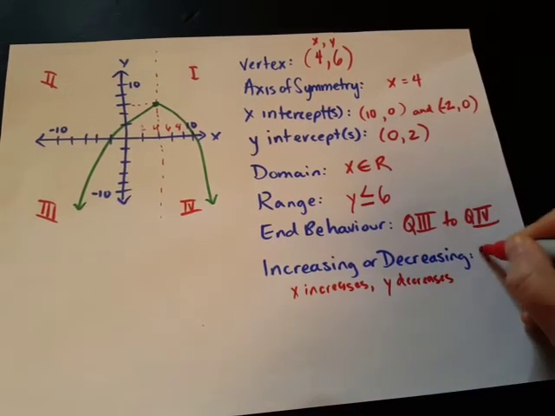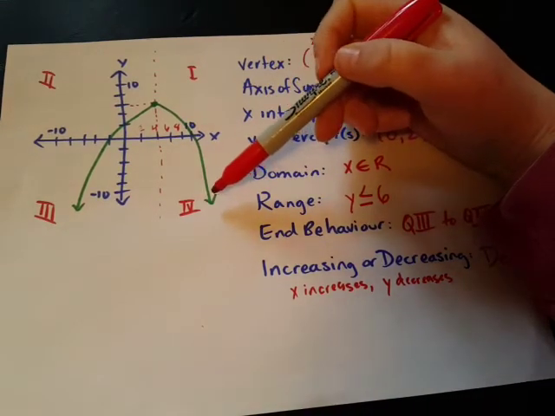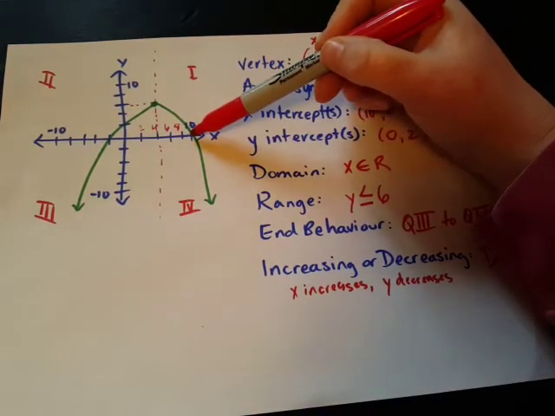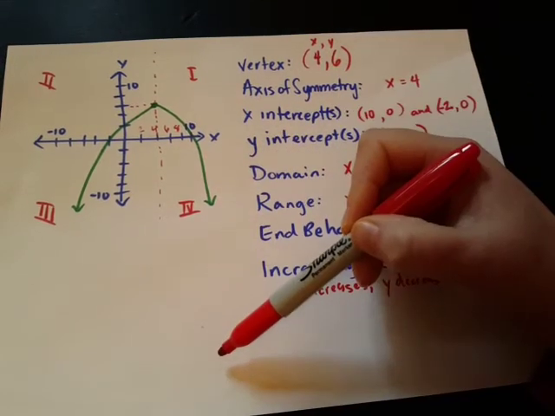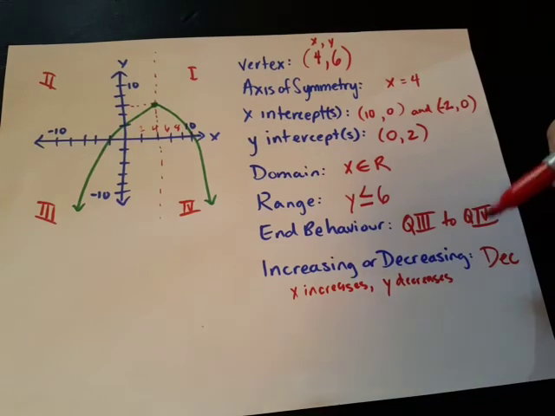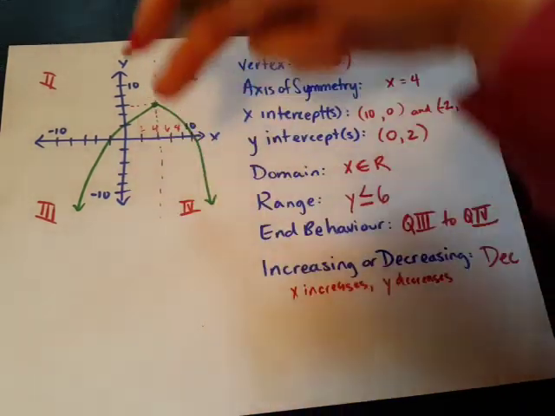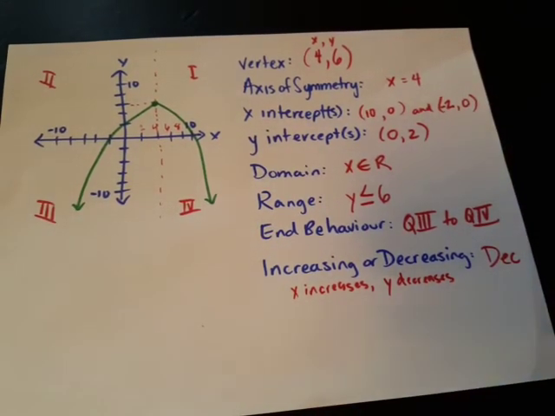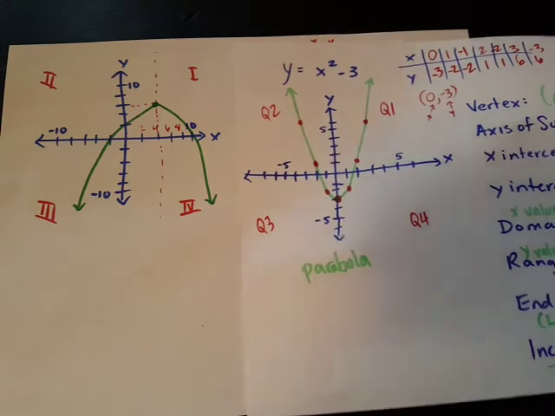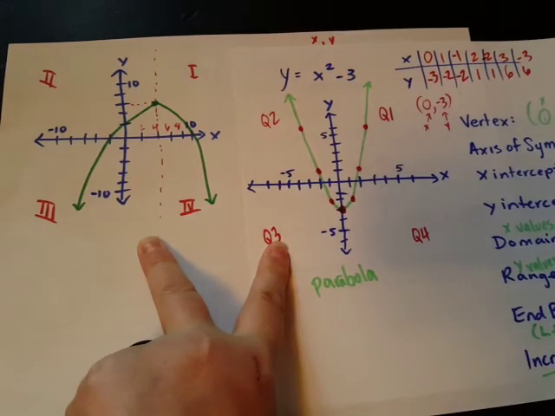So I would call this a decreasing function. As x gets bigger, as we go from 10 to 20, we would see y get smaller, or more negative. Again, this is a parabola that's opening downwards. You've also got your other form where the parabolas are opening upwards. These are our two forms for our quadratic functions.